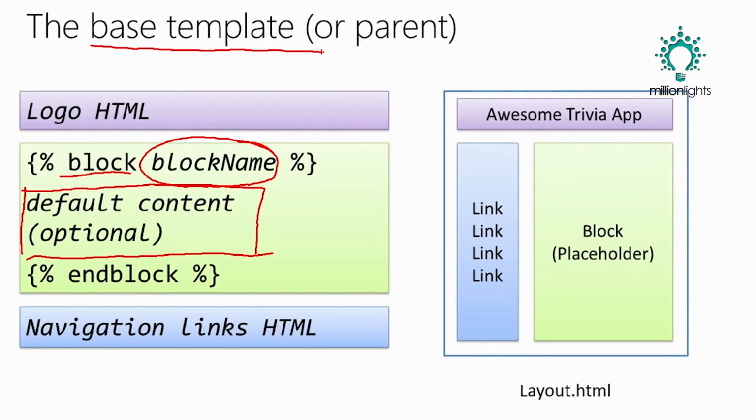So maybe, for example, you were creating a block for a sidebar, and you had default content for that sidebar, but on an individual page, maybe like a product page, you needed to replace that sidebar with something else. Now you've given the developer of that product page the ability to swap that out. And if they decide, you know what, I don't want to do anything with that sidebar, then they just simply don't mention it, and it will then use your default content there.